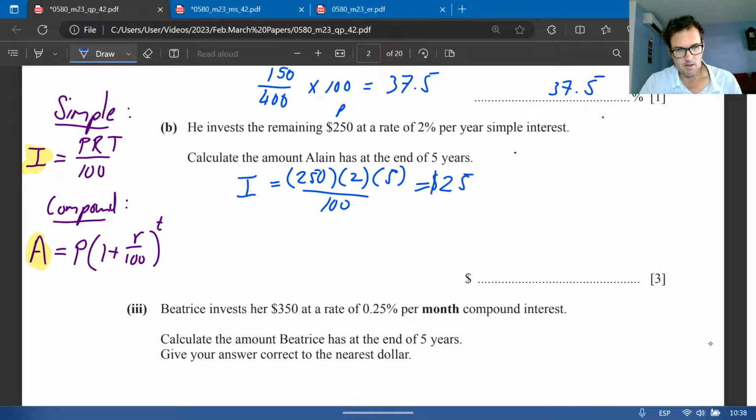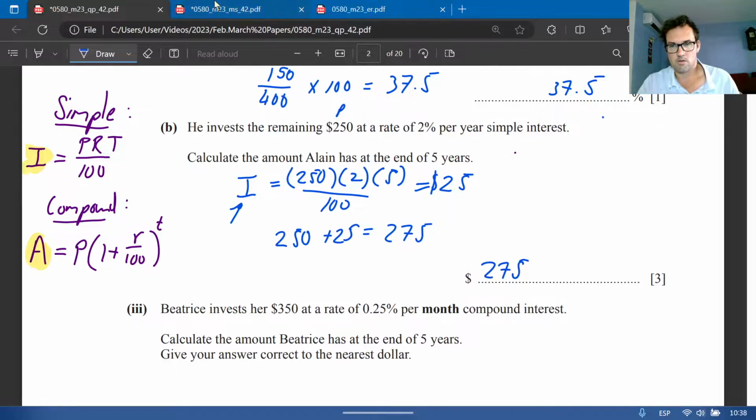So does Elaine have $25 in the bank after 5 years? No, that would be stupid because you put 250 in. This formula will give you the interest, only the extra money you earn. So if you want to know how much money you have in the bank, of course you need to add it. You get $275.